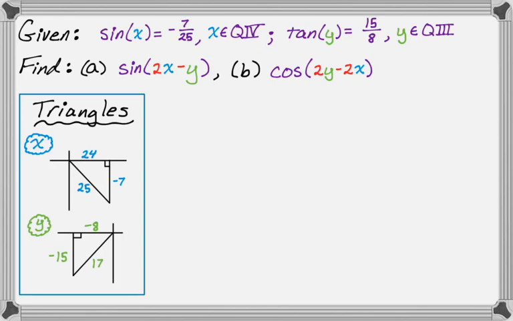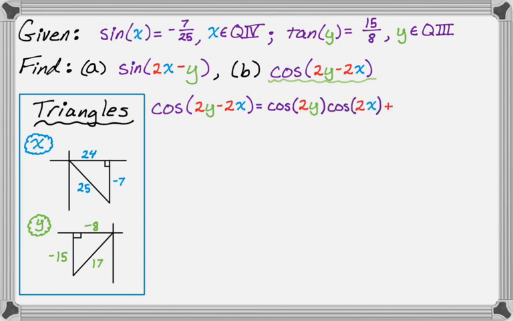But instead of that, I'm going to look at it as the cosine of 2y minus 2x. So I'm going to make 2y the first thing and 2x the second thing. So it's going to be cosine of the first thing, cosine of the second thing, and then plus, because it's cosine, sine of the first thing, and then sine of the second thing.